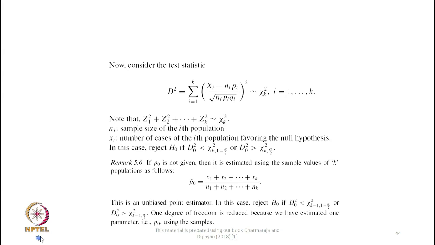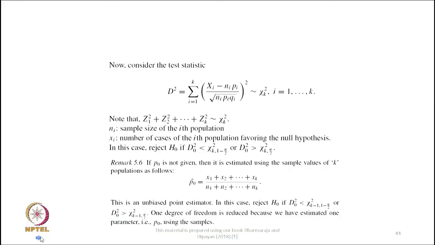So, H naught you are going to reject if it is within the critical region with k minus 1 degrees of freedom when you are estimating the p naught value. If you are not estimating the p naught value, then it is with k degrees of freedom. Fine. So, it is not the one sided test, it is the two sided test.